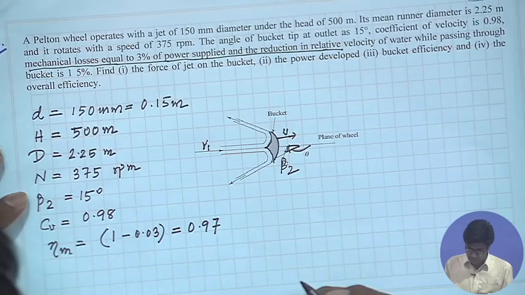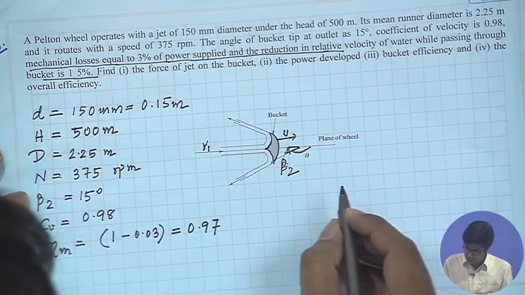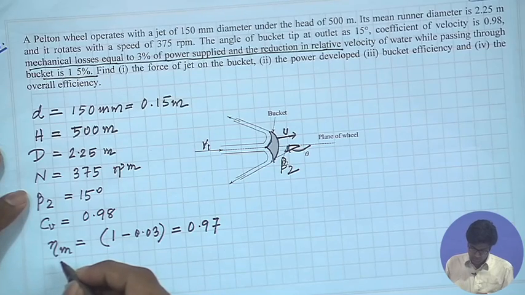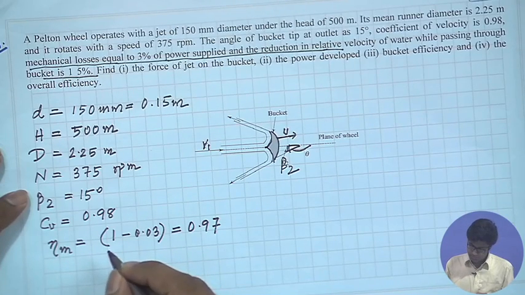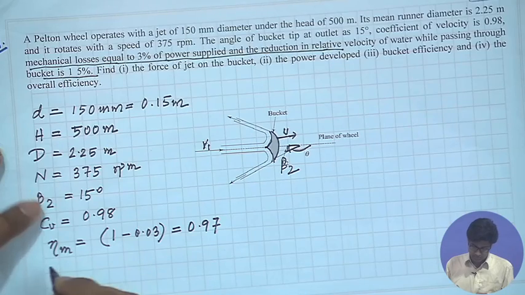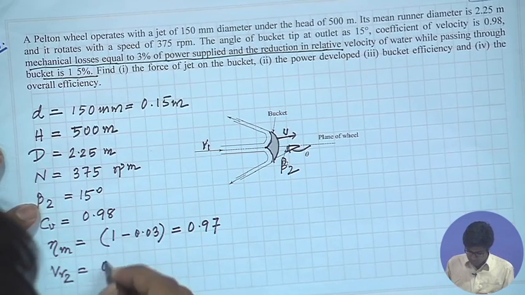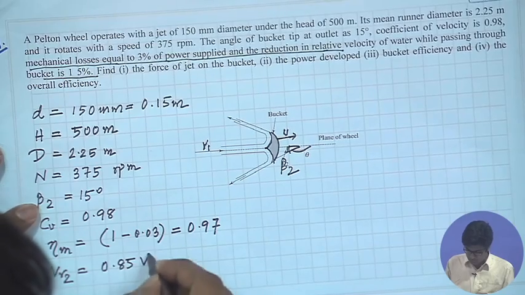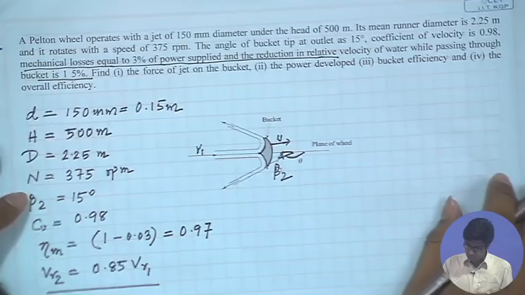So this is the mechanical efficiency. Also we are given that the relative velocity at the outlet has a reduction of 15% compared to the relative velocity at inlet. So we can write VR2, that is the relative velocity at outlet, is equal to 0.85 into VR1. So these are what we are given.